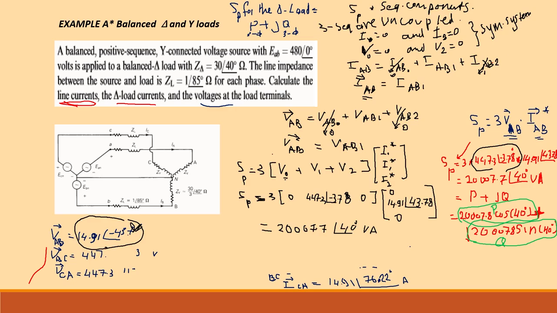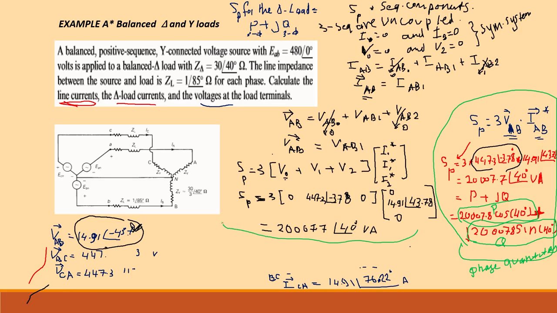This is how to calculate SP using phase quantities, and this is how we use sequence quantities.